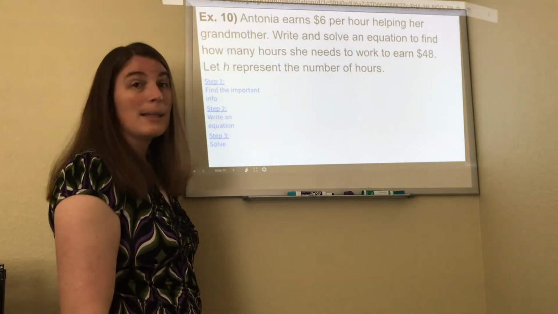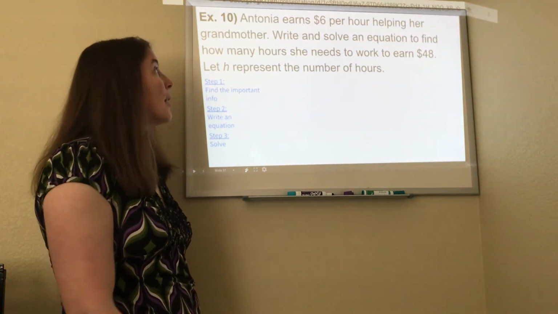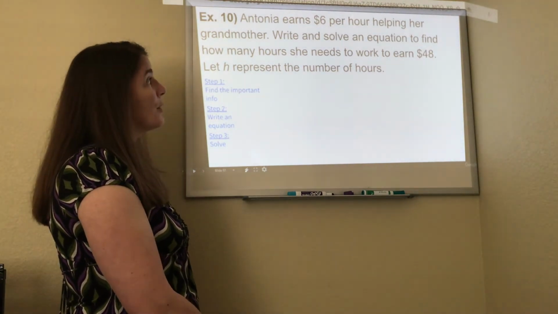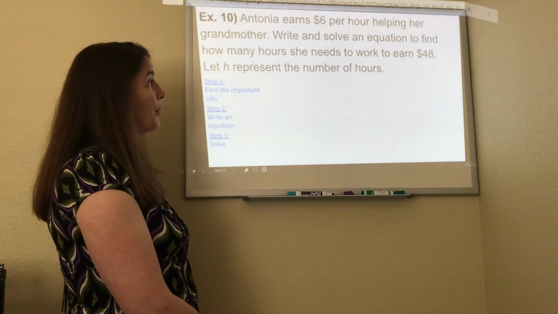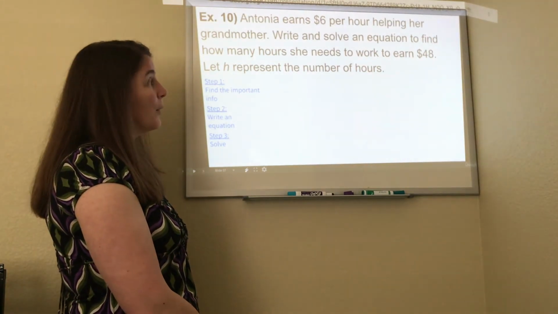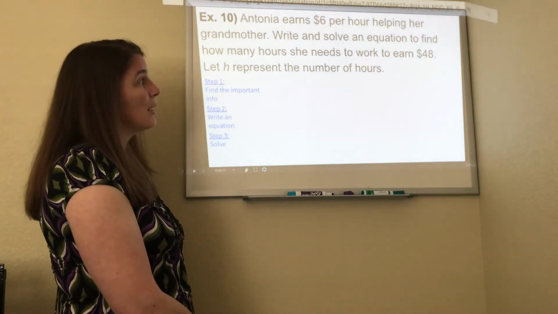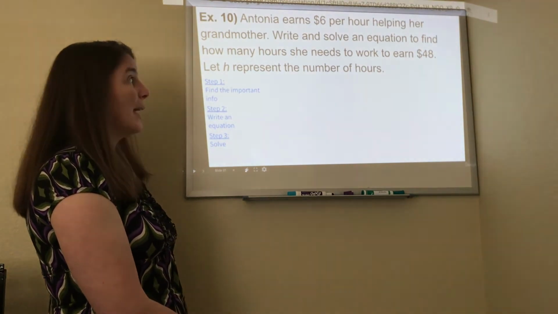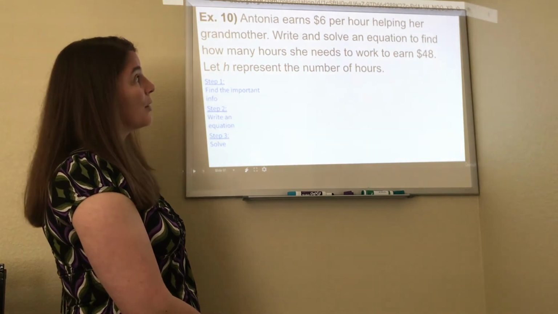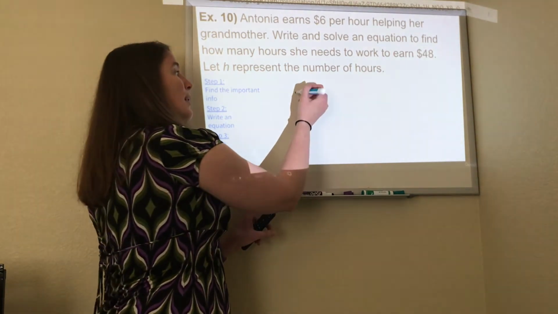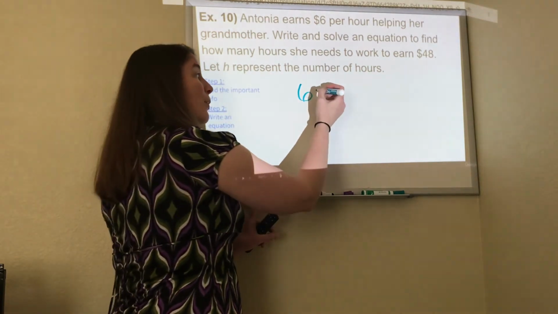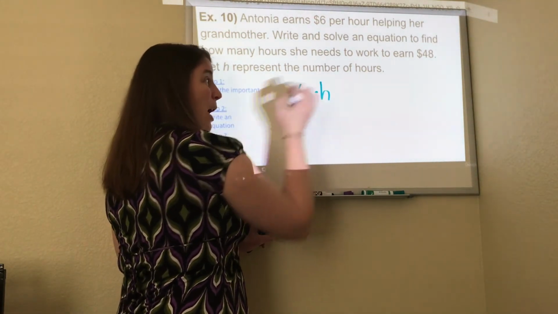All right, for example 10, this is a word problem. Antonia earns $6 per hour helping her grandmother. Write and solve an equation to find how many hours she needs to work to earn $48. Let H represent the number of hours. She gets $6 per hour, so $6 times however many hours she is working.